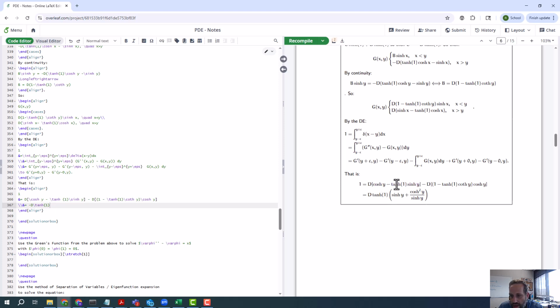So I'm going to have minus d tangent 1, and then sinh y plus sinh y plus, why does that, did I make two errors that offset each other last time? Oh no, so, yeah.